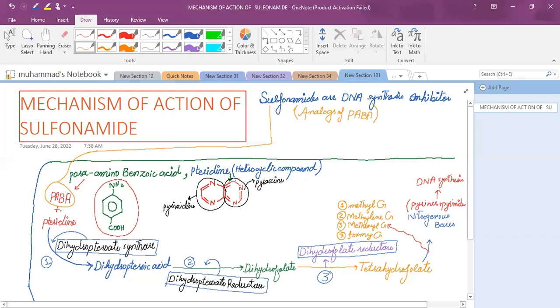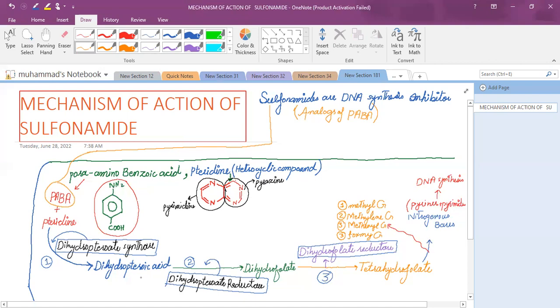In this way, the dihydropteroic acid that will be formed will not be true dihydropteroic acid because it has the impurity of sulfonamide in its structure.